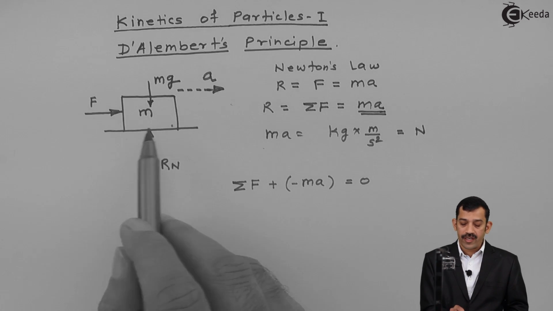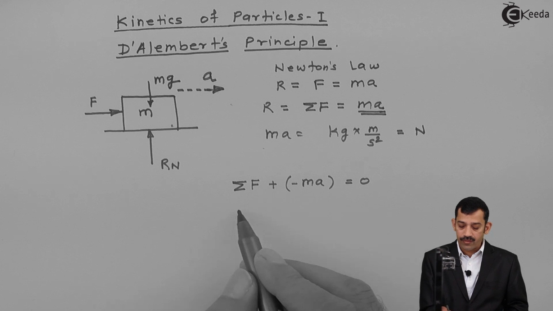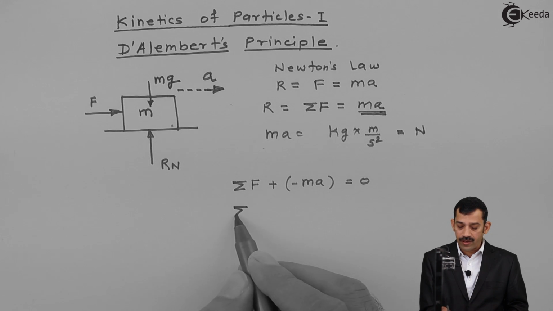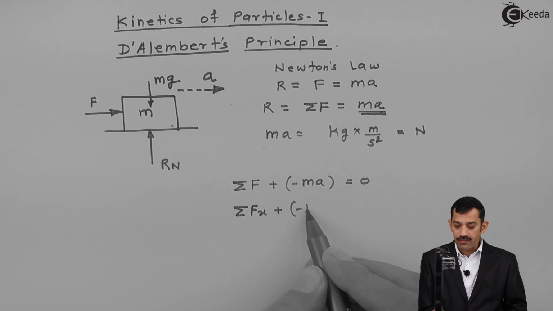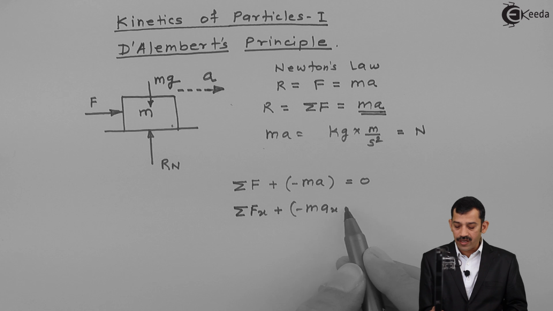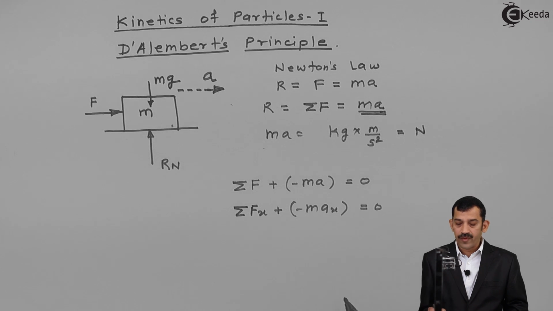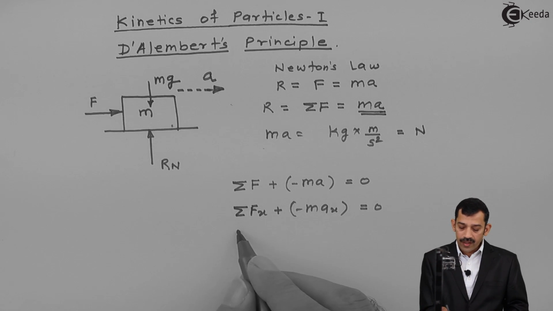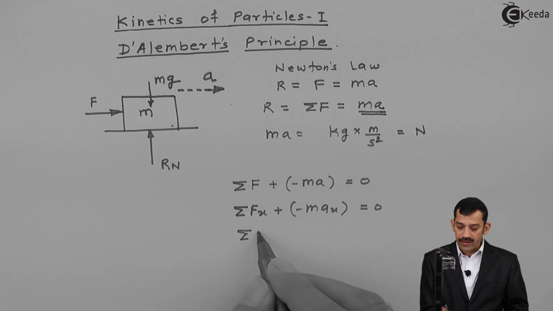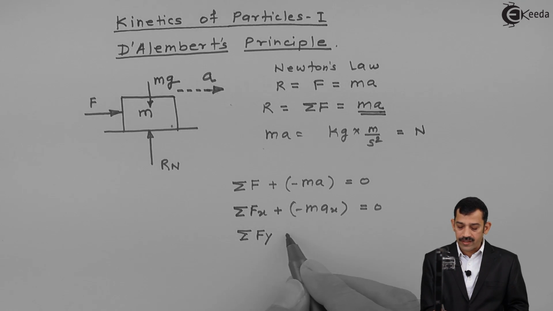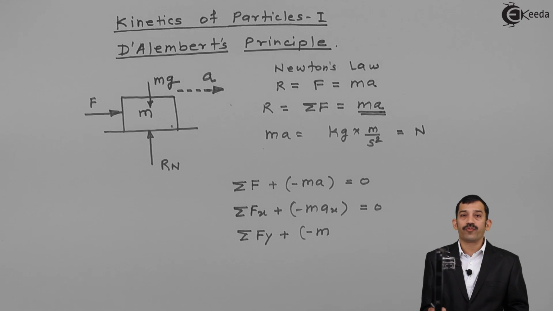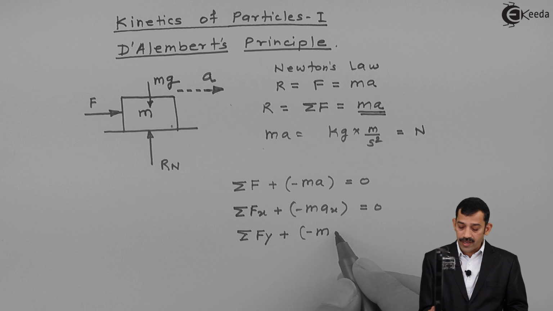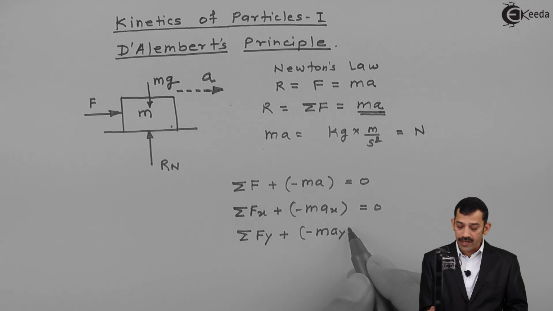If the body accelerates in the horizontal direction, this may be written as summation of forces along the x-axis minus mass into acceleration along the x-axis equal to 0, or along the y-axis if the body accelerates, summation of forces along the y-axis minus m into ay equal to 0.